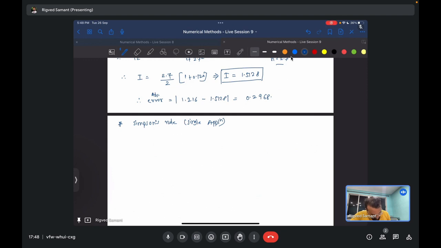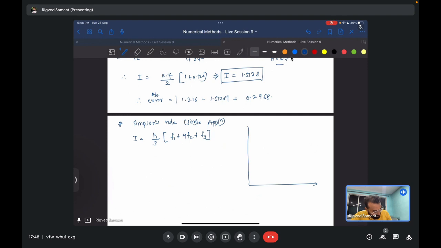So what is Simpson's rule? I is equal to h by 3, 1/3, right? h by 3 times f1 plus 4 f2 plus f3. So what are f1, f2, f3? I'll just explain again.